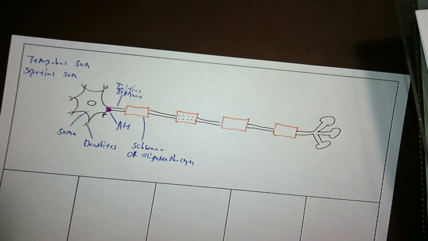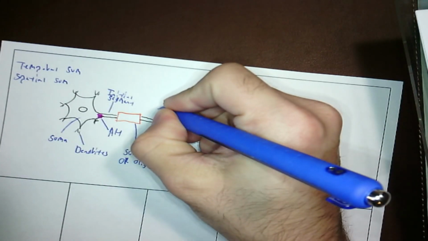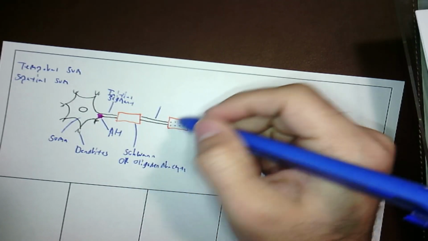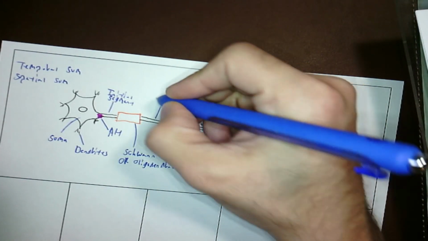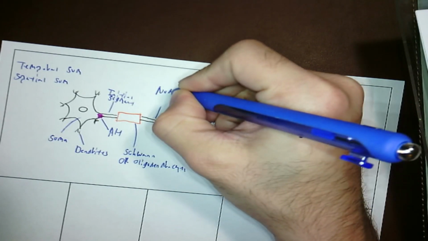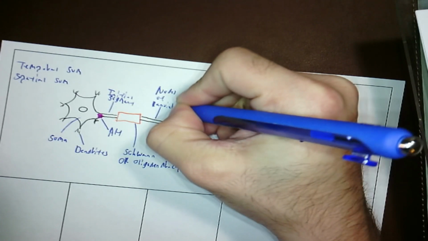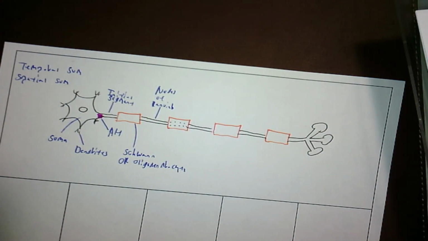All right, so we know that this section here between myelination has a name. We call these nodes of Ranvier. I think he's a French scientist, and I'm probably butchering that name.